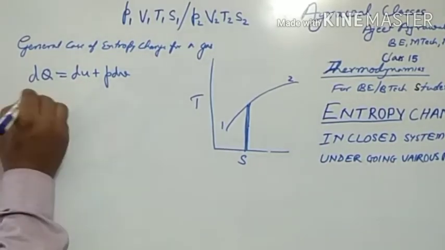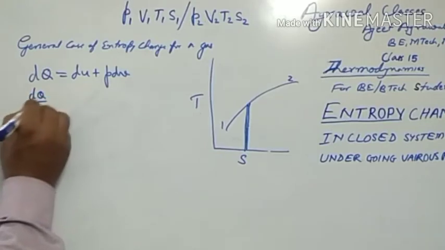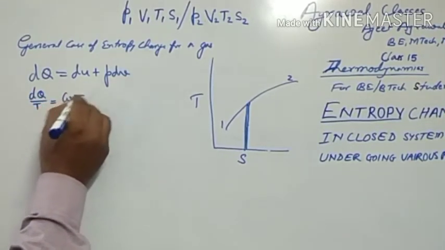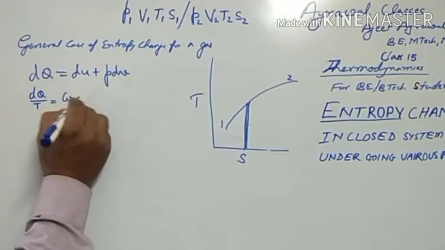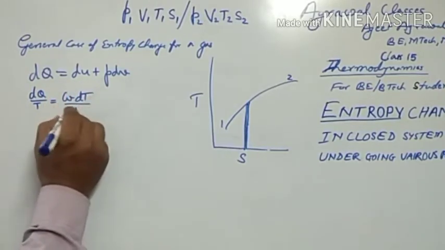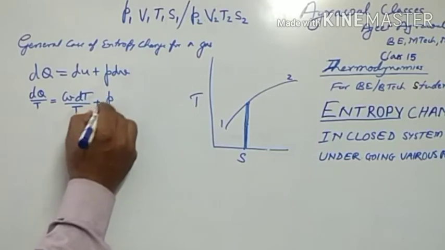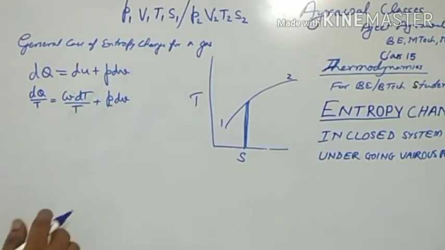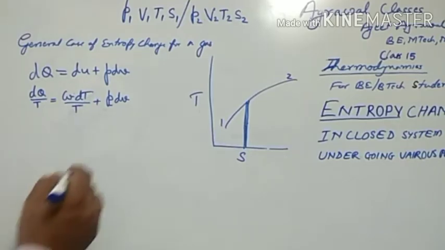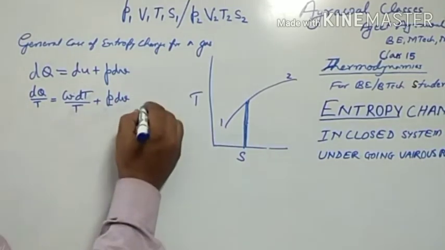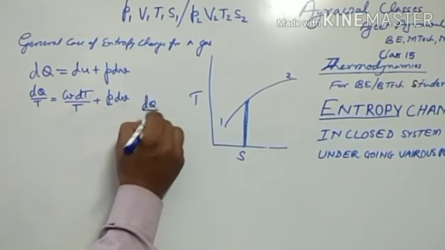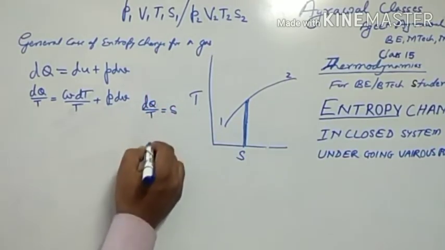If we divide this equation by T, dq by T equals du by T plus p dv by T, we can write Cv dt divided by T plus p dv by T. From the entropy definition we know that dq by T is entropy.